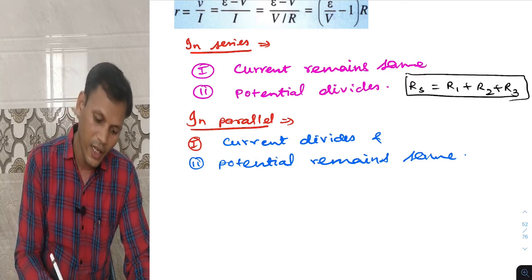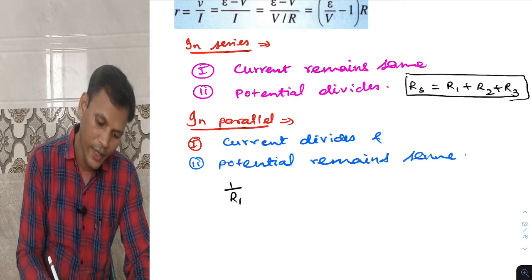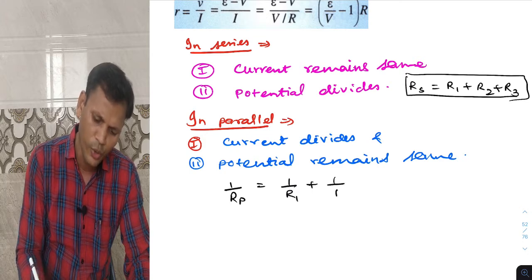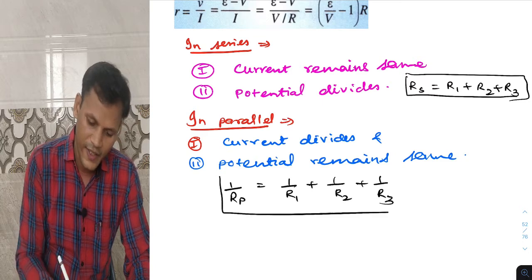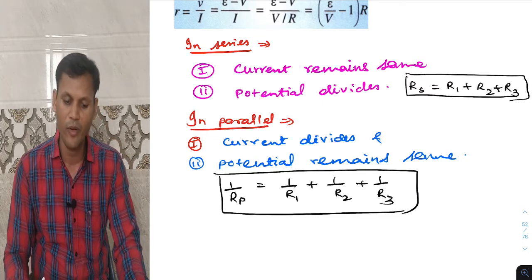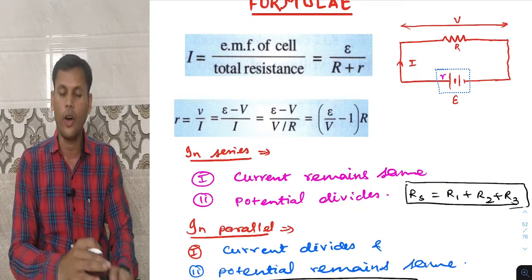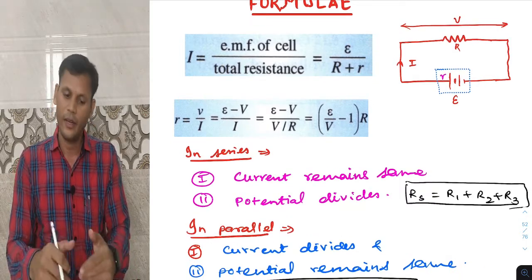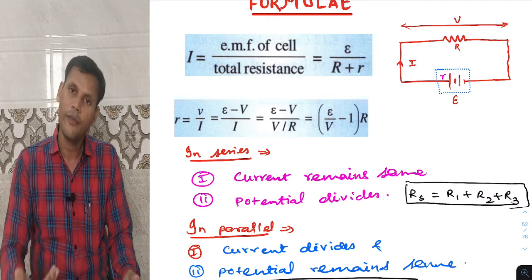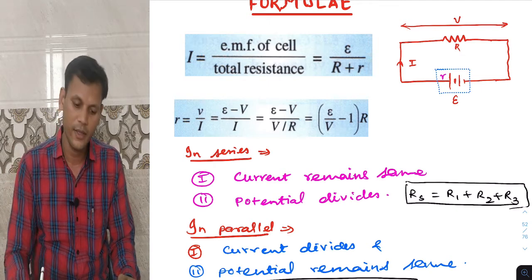And in parallel, it is 1 upon Rp equals 1 upon R1 plus 1 upon R2 plus 1 upon R3. These are the resistances in parallel combination. So use all these formulas for the numericals. So we will start the numericals.